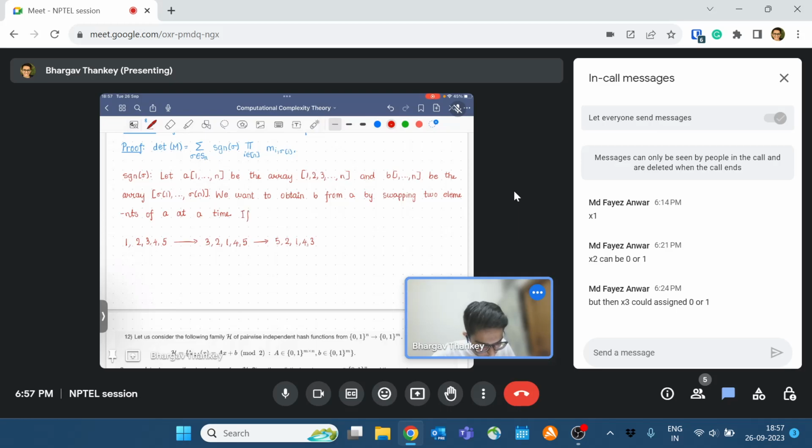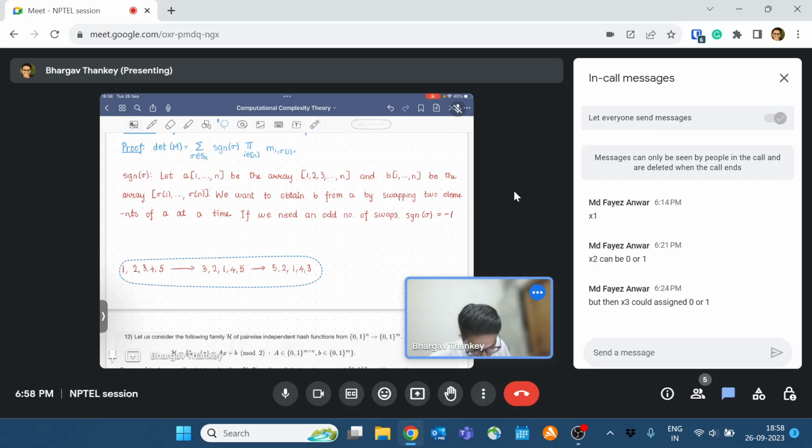If we need an odd number of swaps, sign of sigma is negative, and if we need an even number of swaps, then sign of sigma is positive.